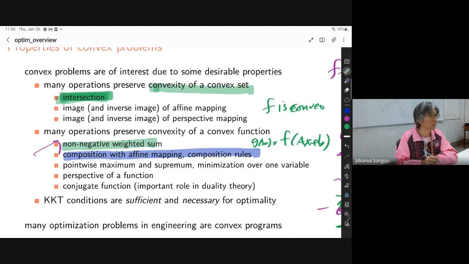Got it? This is given, my f is convex. This is a composite of f with phi. The result is that the composite function g is also convex.